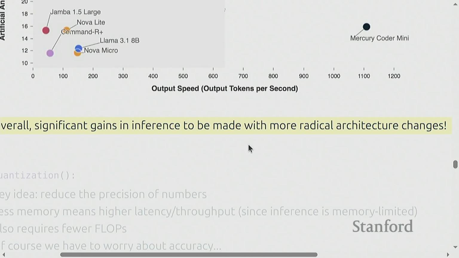By making a state space model, you're shrinking that to a constant size. And as long as you can keep up the accuracy, which is a big if, then you win big time. Same with the diffusion models. Autoregressive generation is a key bottleneck. Now, if you just generate things in parallel, all of a sudden you change the game completely. So there's much more work to be done here improving inference.